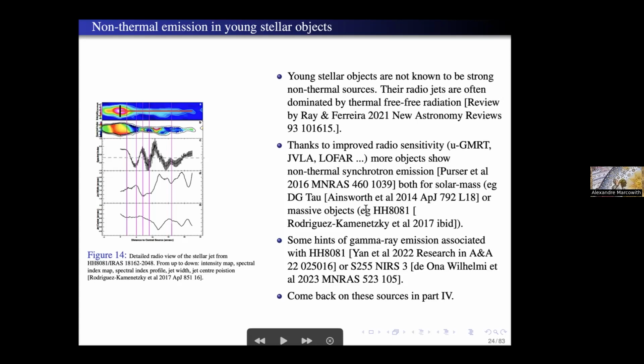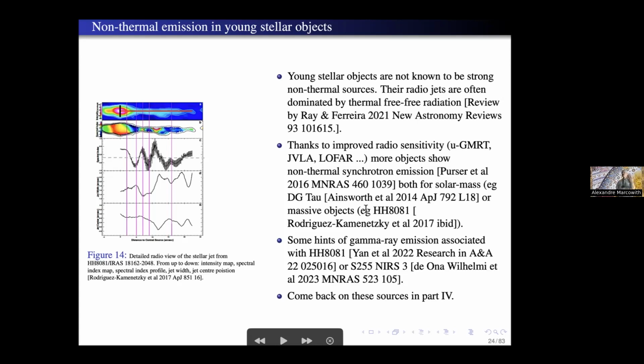So from negative to positive: negative is synchrotron, positive is free-free. And you see that it's varying a lot along the jet and is likely associated also with the jet width, and possibly associated with a kind of shocks you have along the jet, producing some knots.